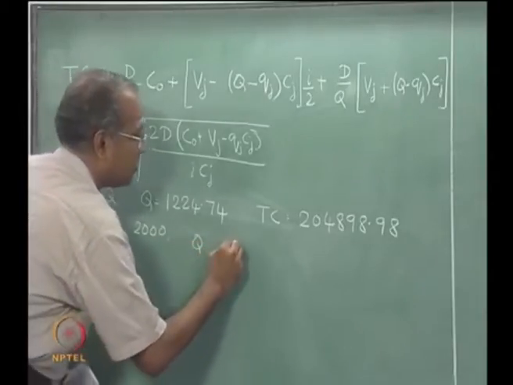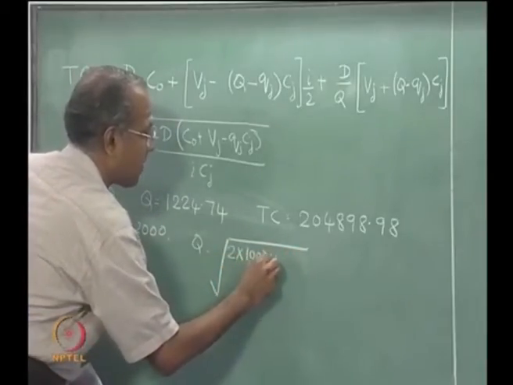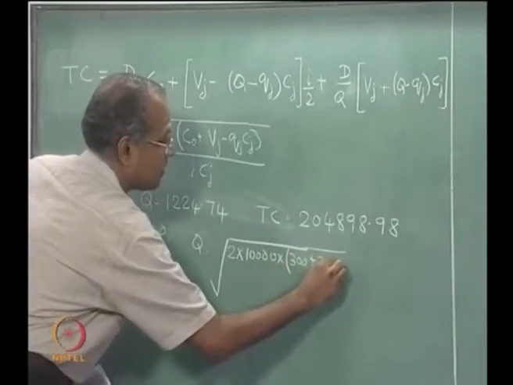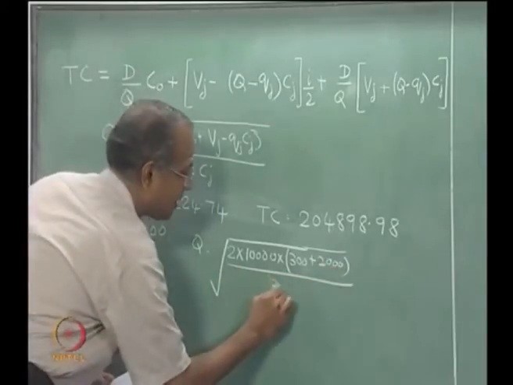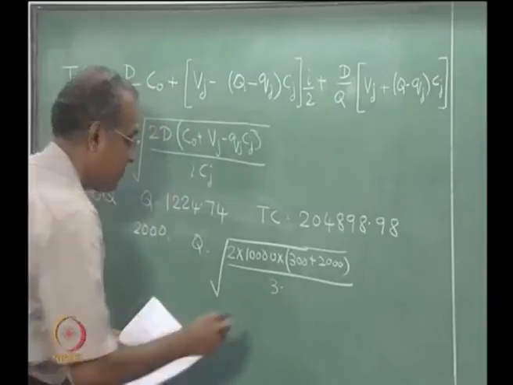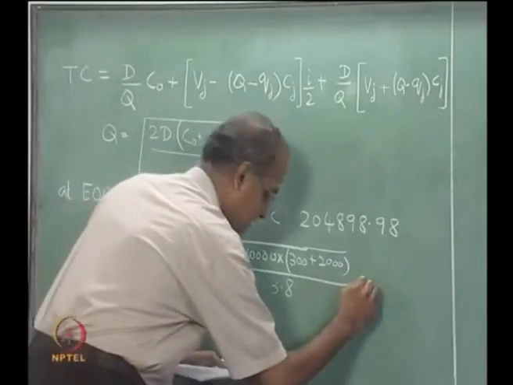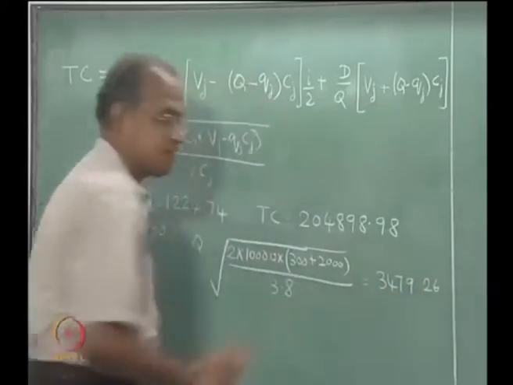So, at 2000, Q is equal to root over 2 into 10,000 into 300 plus 2000 divided by 3.8, because there is a 5% discount. So, 4 becomes 3.8. This on computation gives us 3479.26.